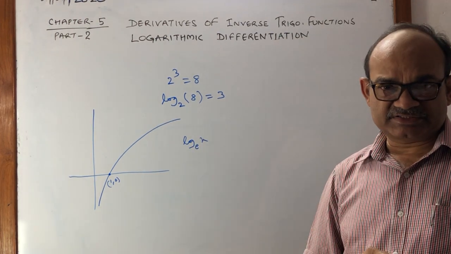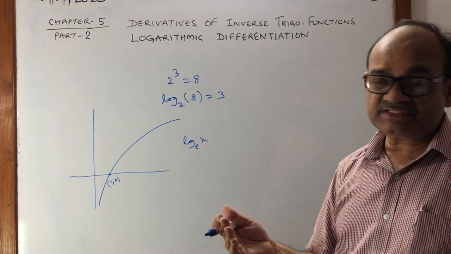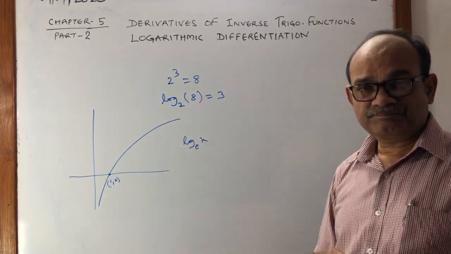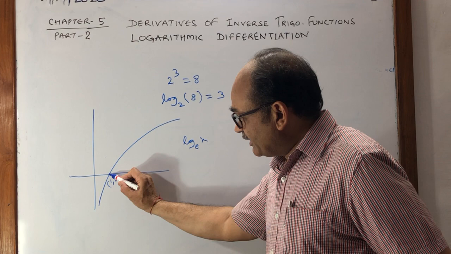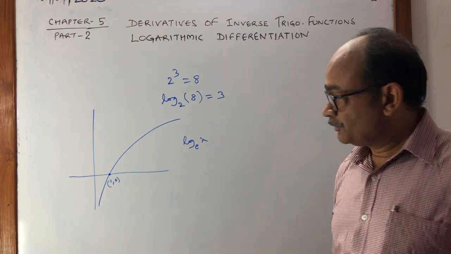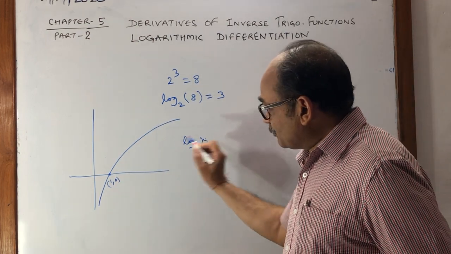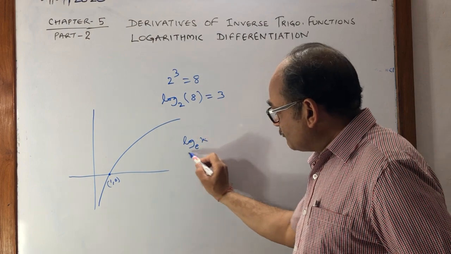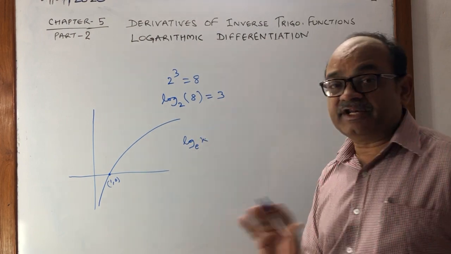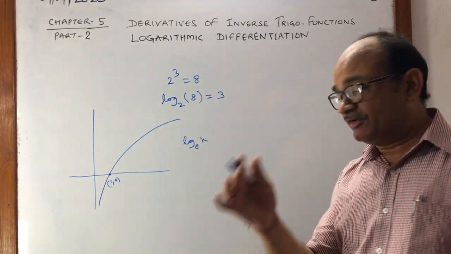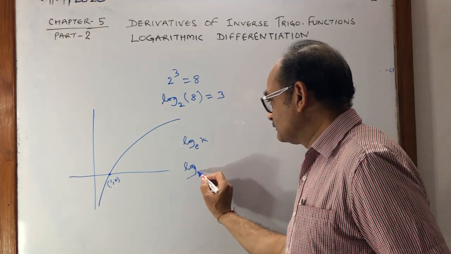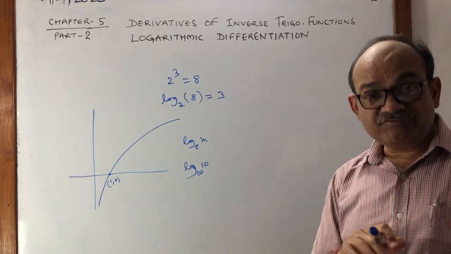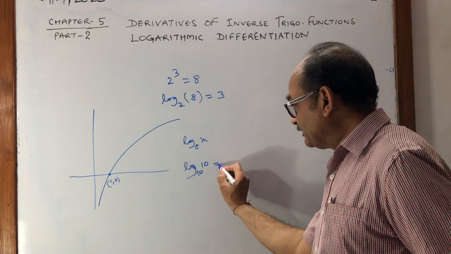Only positive real numbers as a domain, but range is all real numbers. When we are here at 1, 0, if we put log 1, we are considering only natural log. But if it is base 10 and value of 10, it will be 1.